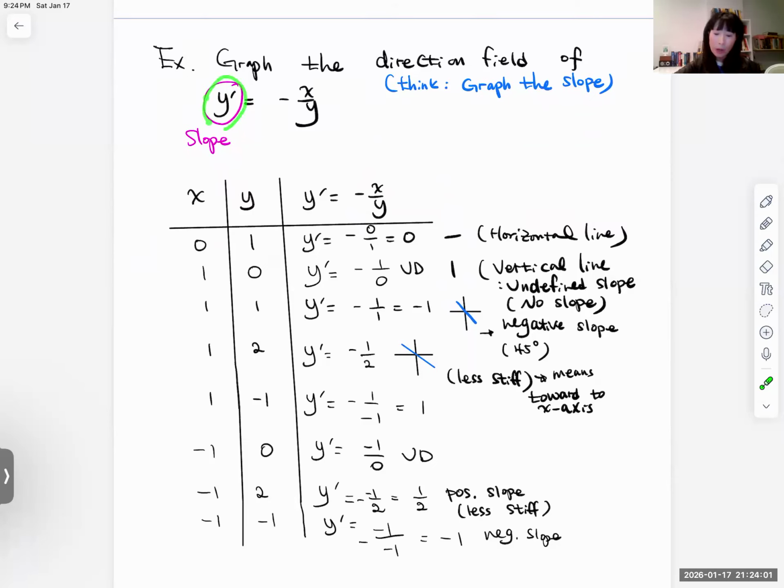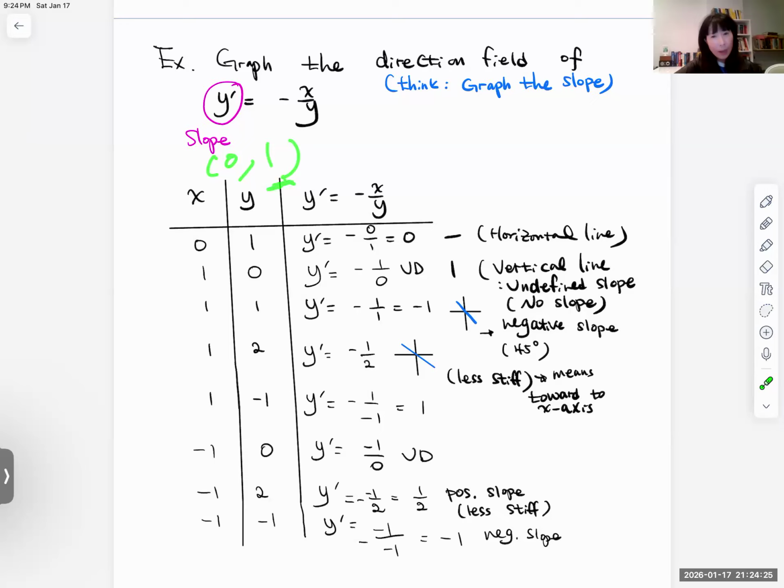So we have y prime equal to minus x over y. Okay. All right. So y prime, this is a slope. So if we have x equal to 0 and y equal to 1, so it's an ordered pair, 0 and 1.